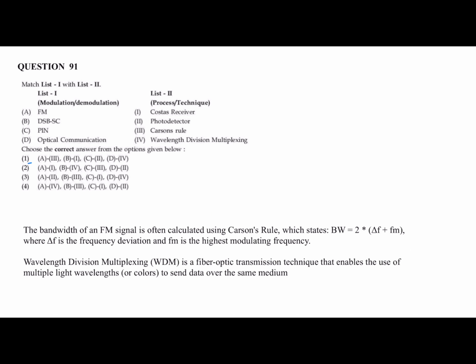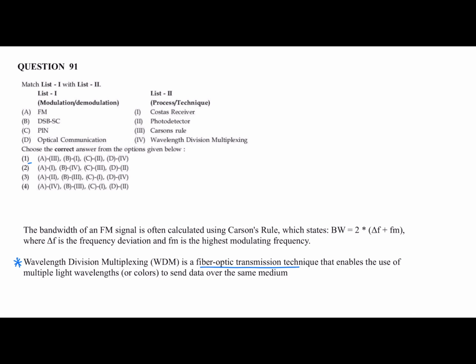Next question. It is related to modulation and demodulation, where list 1 and list 2 represent corresponding terms. Let us see the points here. WDM, wavelength division multiplexing, is a fiber optic transmission technique that enables the use of multiple light wavelengths to send data over the same medium.